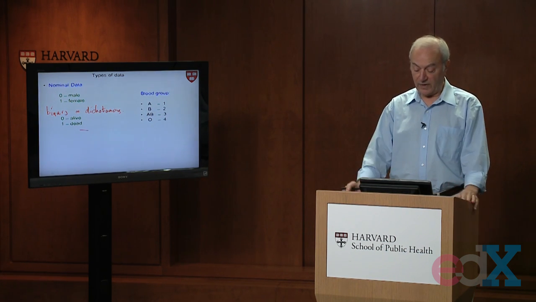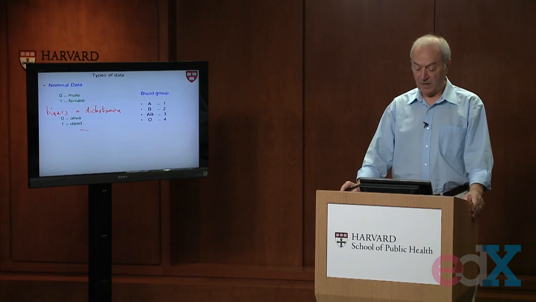We're just using the fact that they are different. Now, if you go to FHS.dta, the data set from the Framingham Heart Study that Lauren spoke to you about, then you can take a look and see how many nominal data there are in that data set.